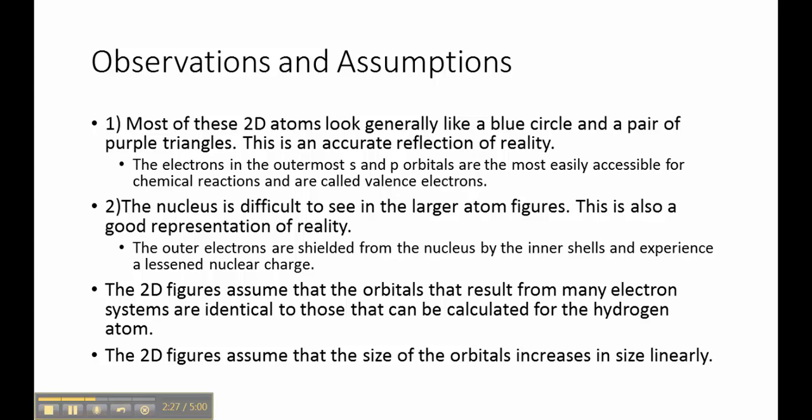It's not just a limitation for these 2D models, but for any quantum mechanics. And the last comment, the 2D figures assume that the size of the orbitals increases in size linearly. Well, that may or may not be true. You can see the linear scaling of all the shapes because the spaces between nested shapes is the same from level to level.